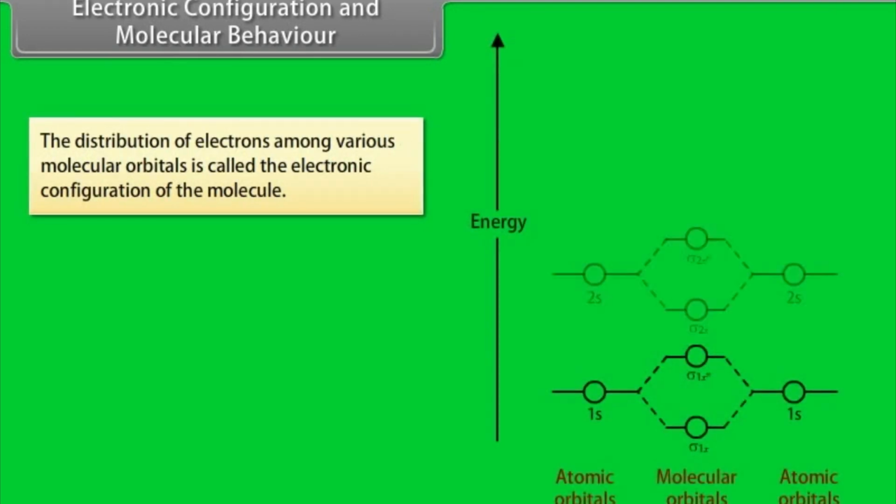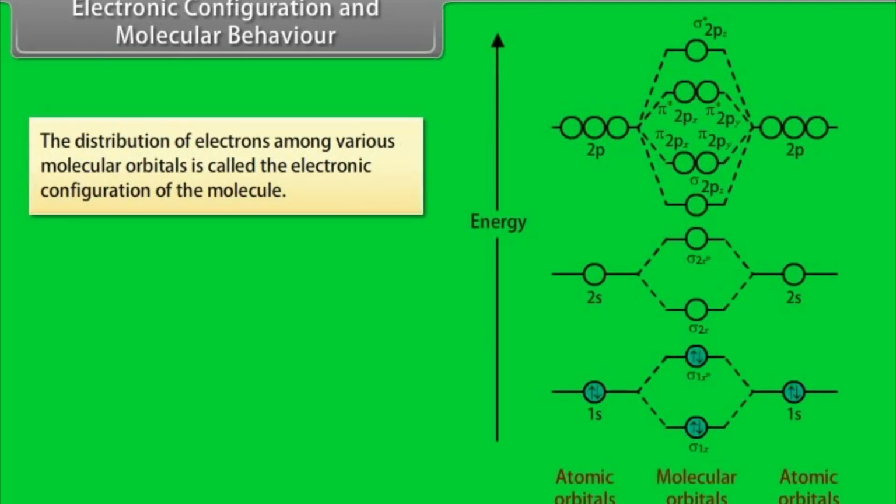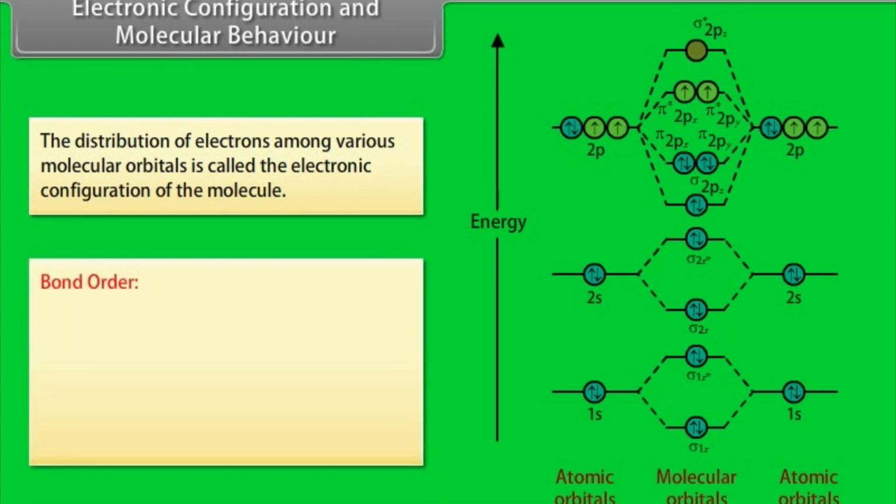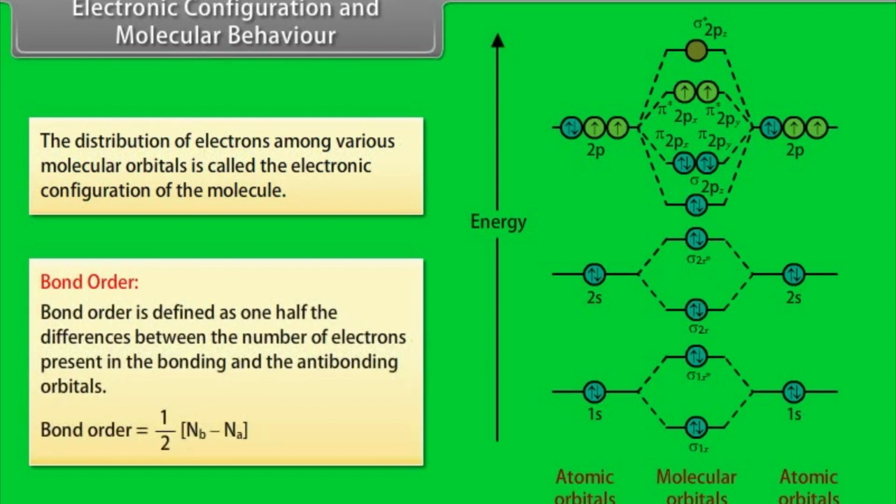Electronic configuration and molecular behavior. The distribution of electrons among various molecular orbitals is called the electronic configuration of the molecule. Bond order. Bond order is defined as 1/2 the difference between the number of electrons present in the bonding and the antibonding orbitals.